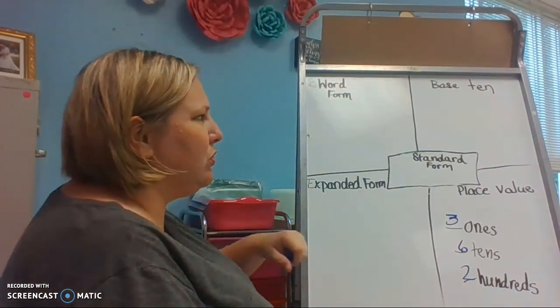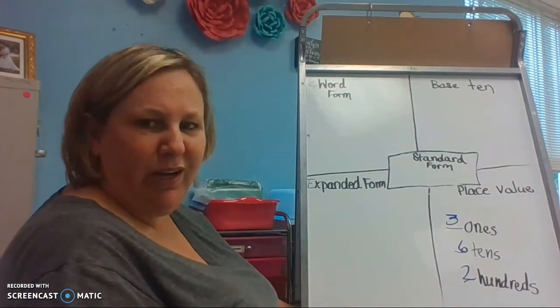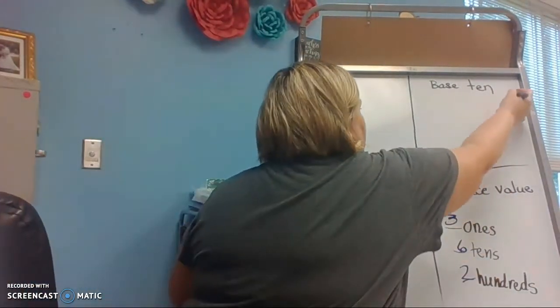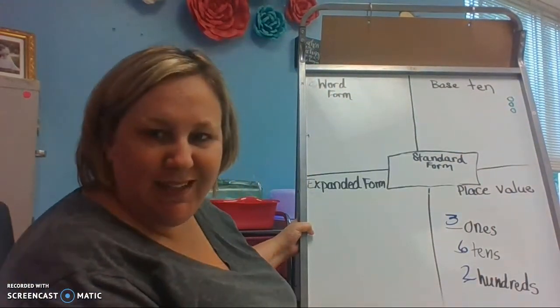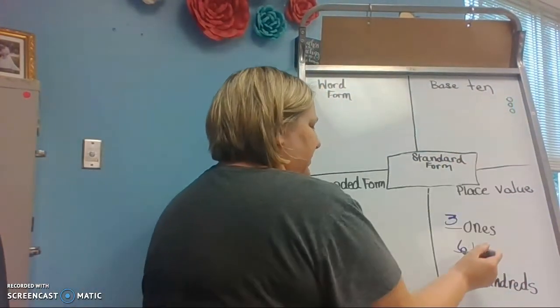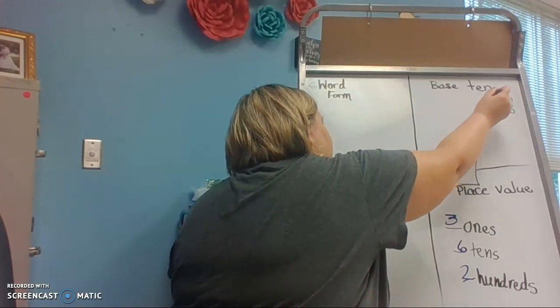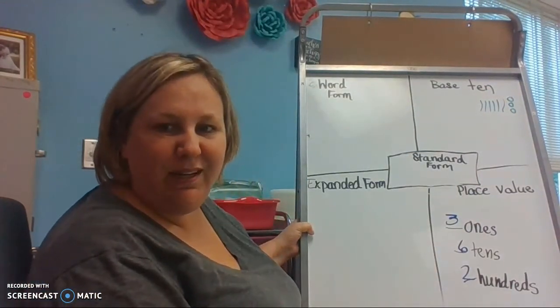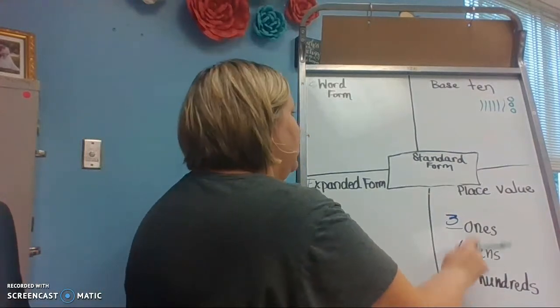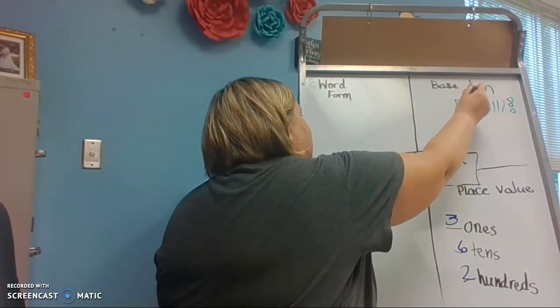I might want to draw it out first. So I have my 3 ones. 1, 2, 3. How many tens? 6 tens. 1, 2, 3, 4, 5, 6 tens. And how many hundreds? 2. 100, 200.